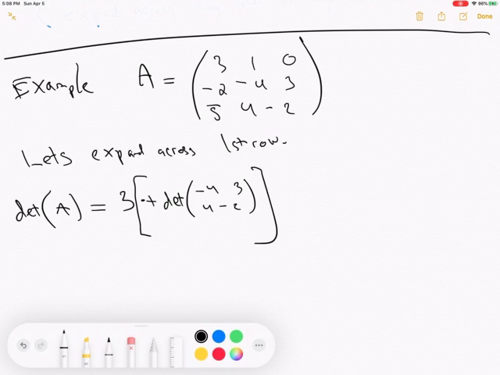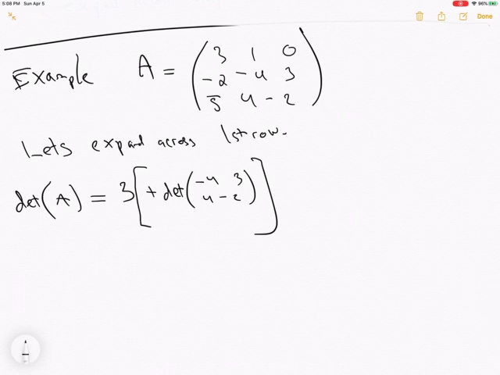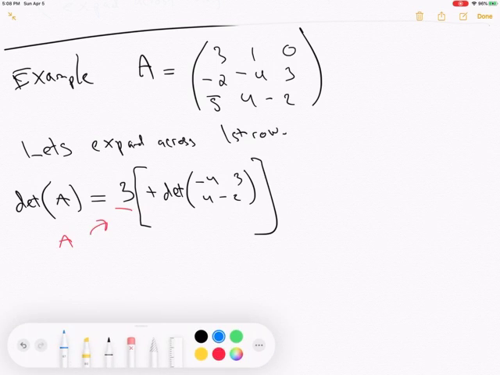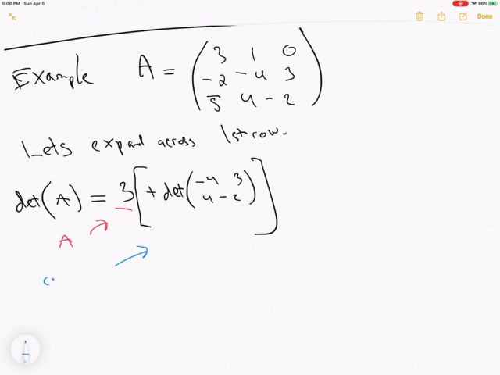I'm just writing explicitly what the number 3 comes from A. And this thing here comes from the cofactor. Just by definition, the first entry of the cofactor is literally obtained by deleting the first row and first column and taking the determinant of that submatrix.